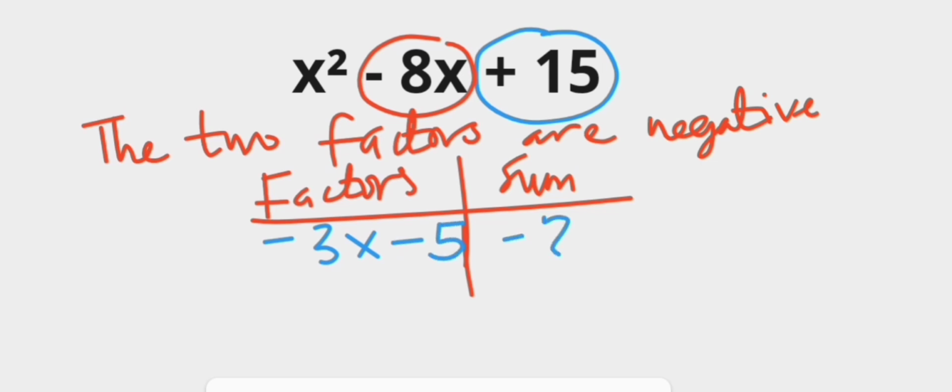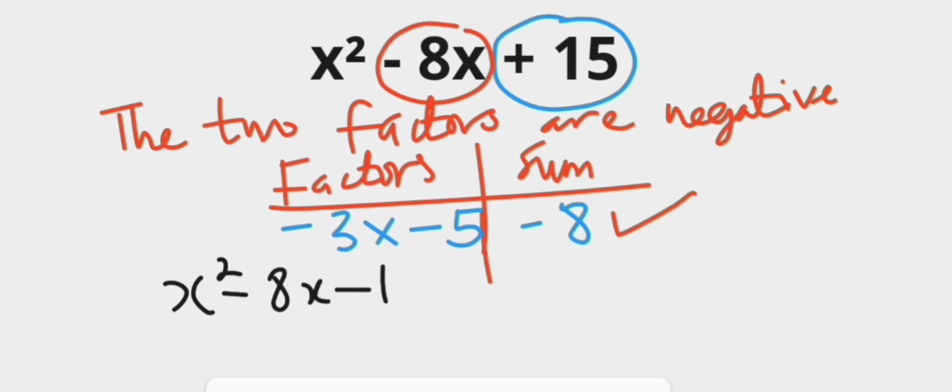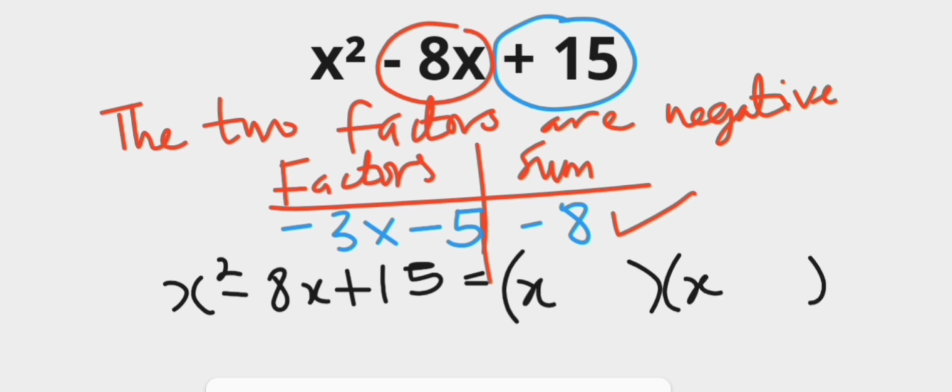That is what we make use of in factoring the expression. As usual, we open a bracket, put x, open another, put x, then write minus 3 and minus 5. So x squared minus 8x plus 15 factors as x minus 3 times x minus 5.